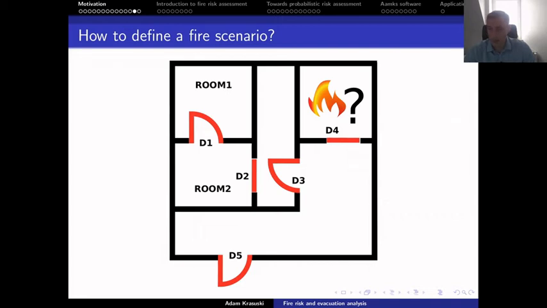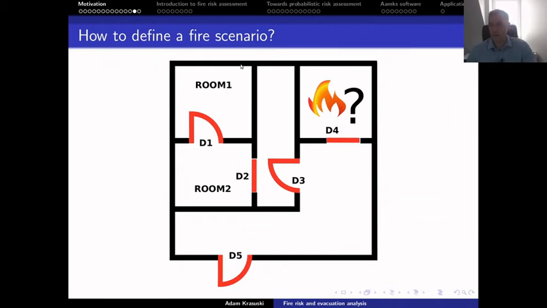As we can see, the definition of the fire scenario contains parameters which are random, uncertain or variable, and the location of fire origin is not the only parameter. We have many more parameters that are uncertain and vary.